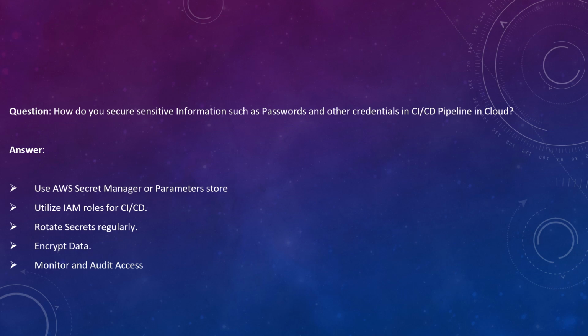How do you secure sensitive information such as passwords and other credentials in a CI/CD pipeline in the cloud? Very important question. If we talk about AWS, guys, we have n numbers of passwords, keywords and many more credentials which is not possible to memorize all the time, because if the account is locked, then again and again we have to consult the administrator to reset the password, which is not a good practice.